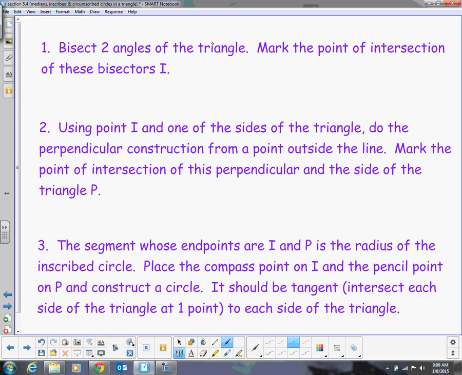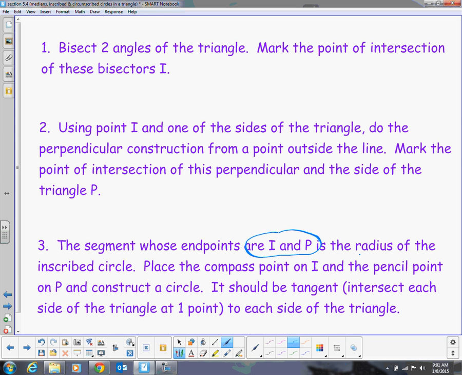It says bisect two angles of the triangle, mark the point of intersection of these bisectors I. Using point I and one of the sides of the triangle, you are going to do the perpendicular construction from a point outside the line. This was the happy cyclops, or, let me think. Well, we'll do it. Mark the point of intersection of this perpendicular and the side of the triangle P. Then the segment whose endpoints are I and P, you're going to connect that.